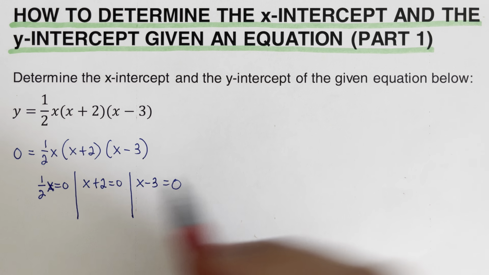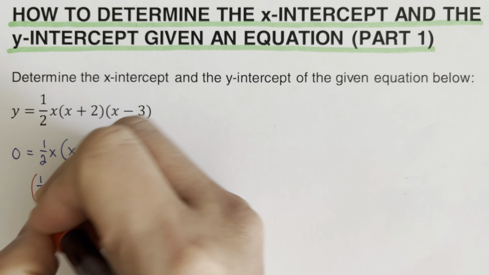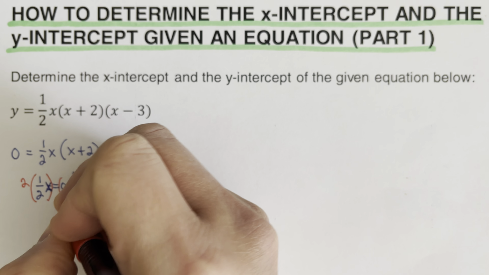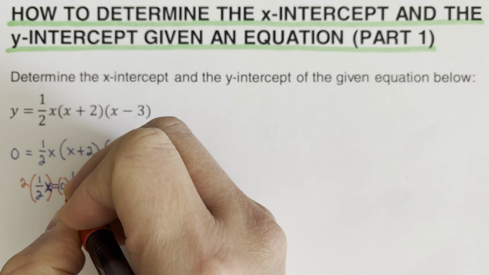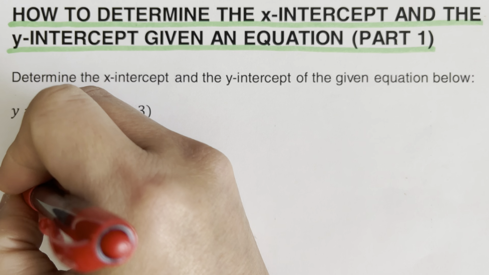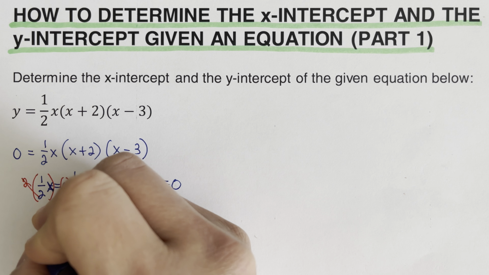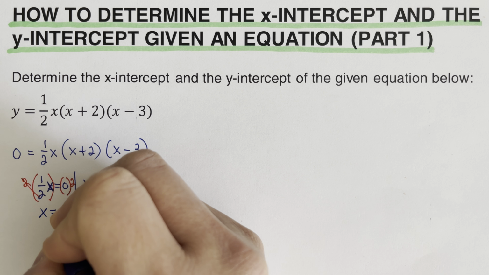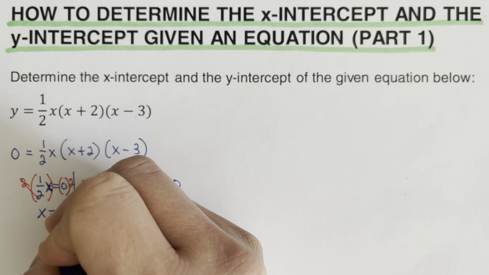Now we solve for x by multiplying both sides by 2, because again, we are supposed to solve for x. So the first x-intercept is 0 times 2, which is 0.